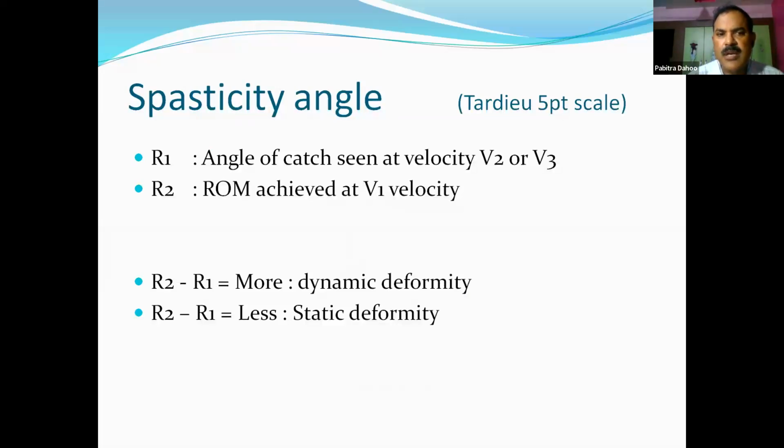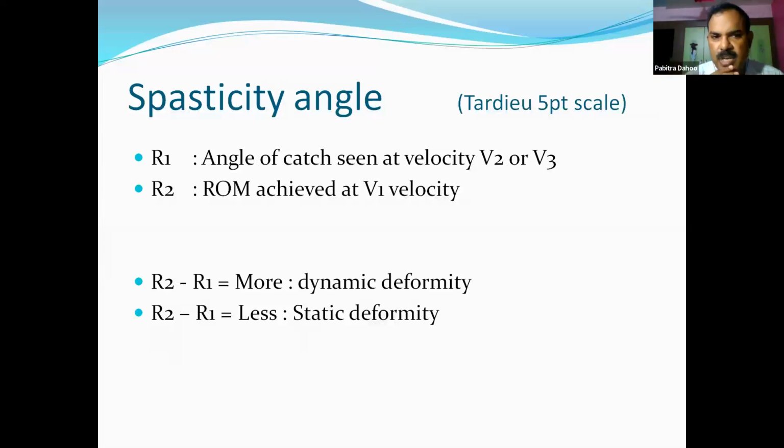You always try to move the joint, try to correct the deformity, try to stretch it with the first velocity, then second velocity, then third velocity. The first, V1, is a slow velocity, V2 is at gravitational velocity, and V3 is a voluntary, maximum velocity.